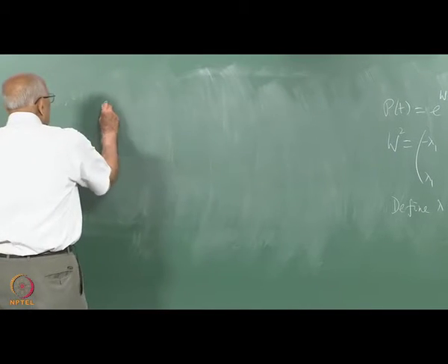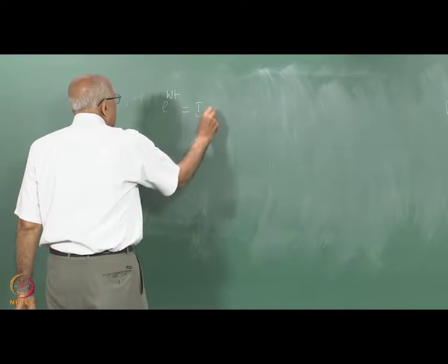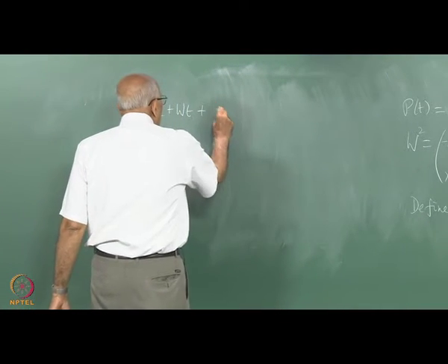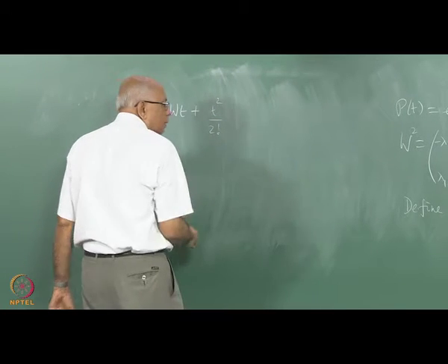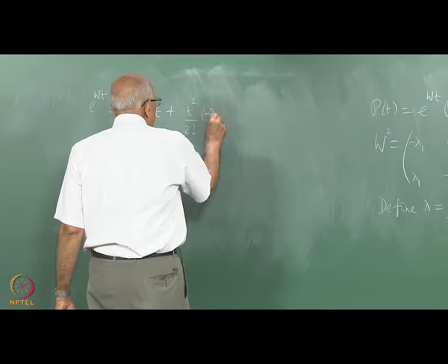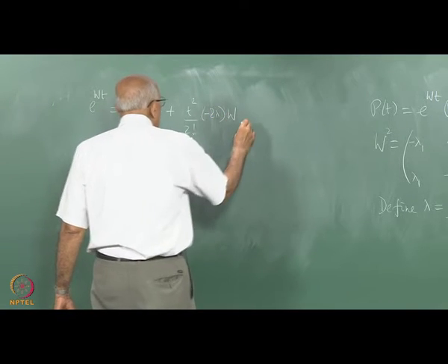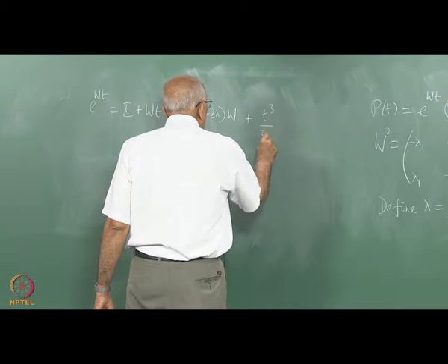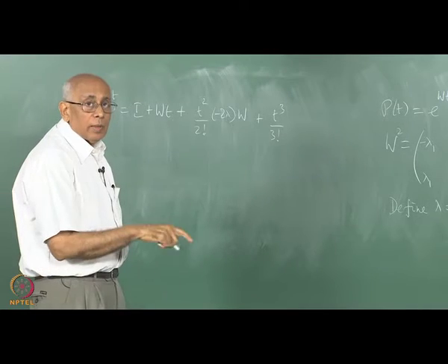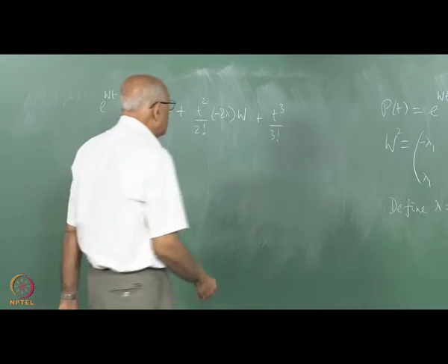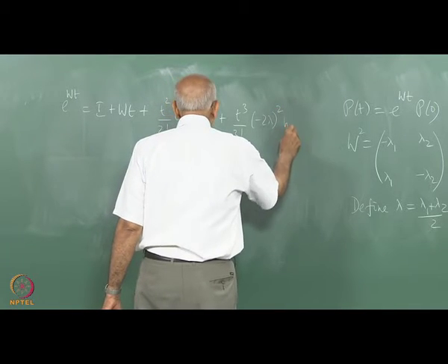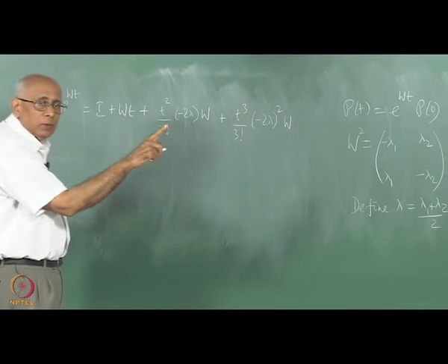It says e to the Wt is the identity matrix plus Wt plus t squared over 2 factorial W squared, which is minus 2 lambda W, and then t cubed over 3 factorial, and then W cubed, but that is W times W squared and so on. So it is minus 2 lambda whole squared W, etcetera, all the way.